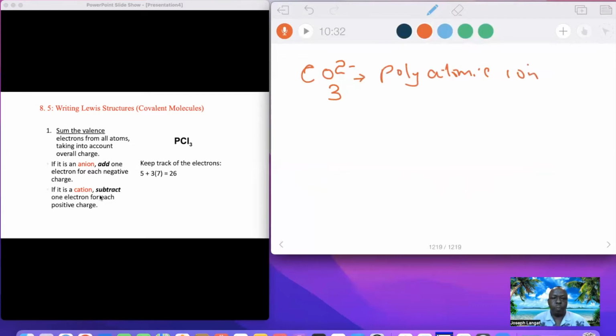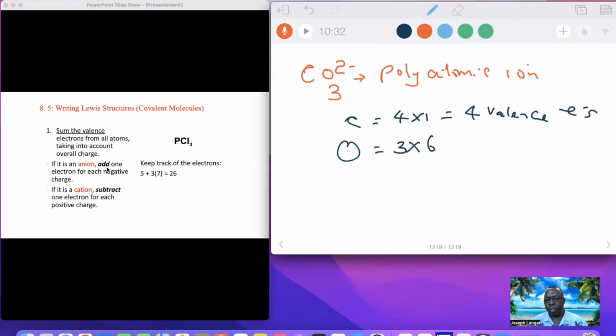How will you move forward with that? I'm going to illustrate the addition of extra electrons. Carbon is in group 4A, times 1, therefore we have 4 valence electrons. Oxygen, we have 3 times 6, it's in group 6A. This will give us 18 valence electrons.